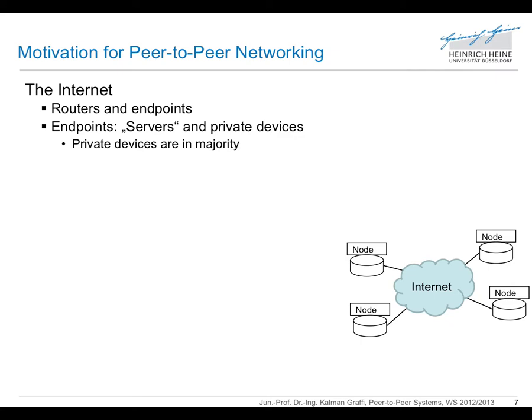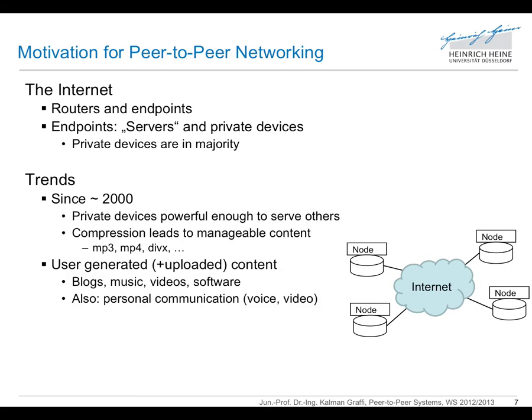And where do we see it? If you look at the internet, so we have the internet somehow as a black box with routers, and we have these endpoints. So that are at the private person side, they are having some DSL or any kind of connection to the internet. And these private devices are in the majority at the end.